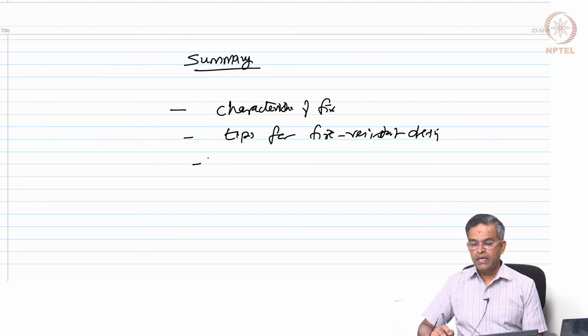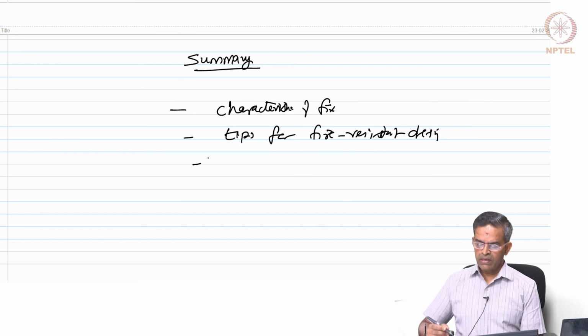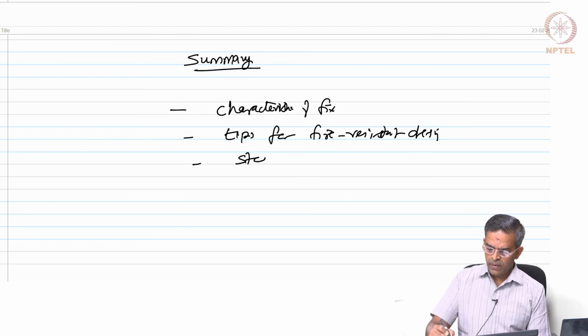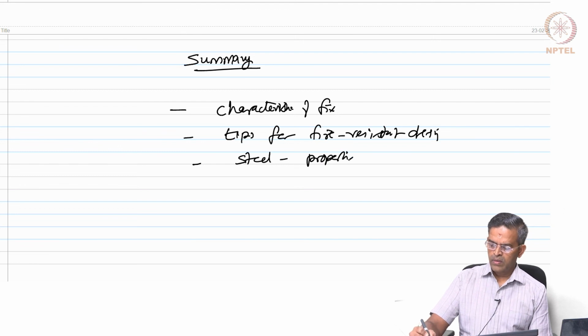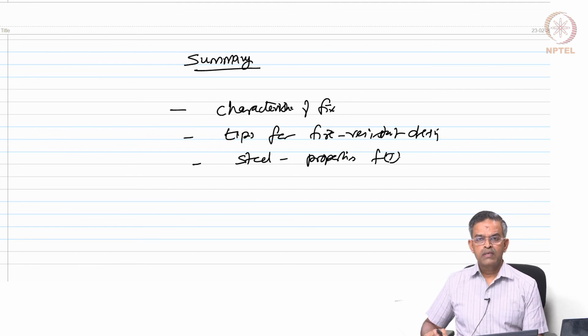We also completed a problem on blast loads analysis, and we learned that steel has got properties which are function of temperature, and one has got to be very careful in using these properties appropriately in the design if you are enabling fire resistant design of steel structures. Thank you very much and have a good day.